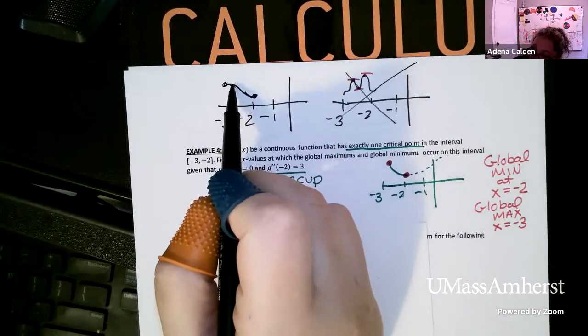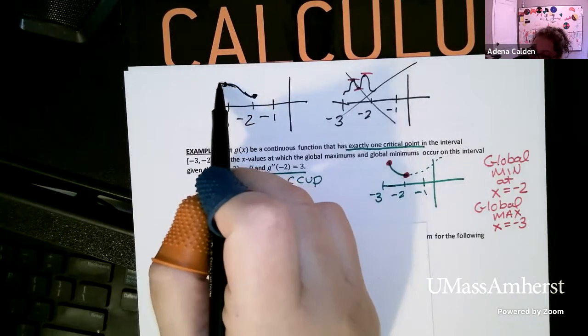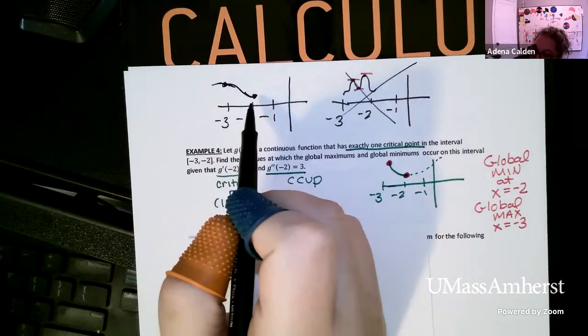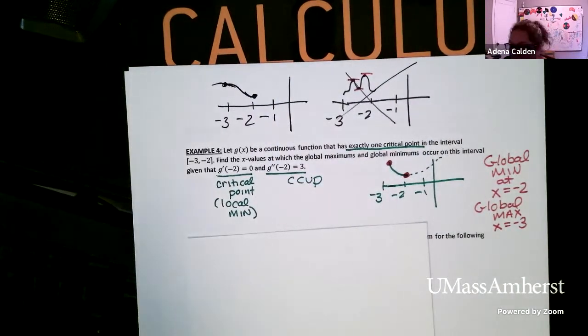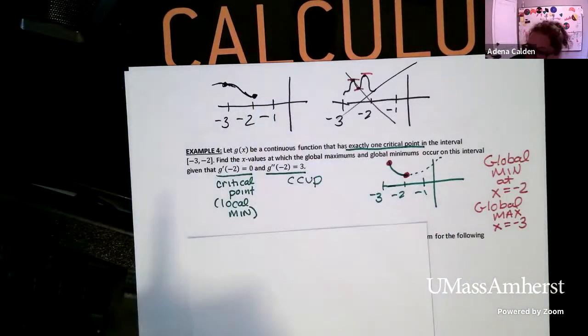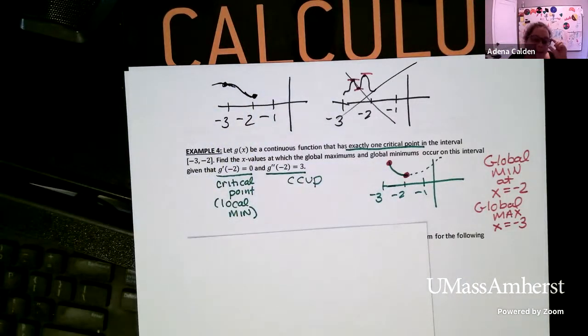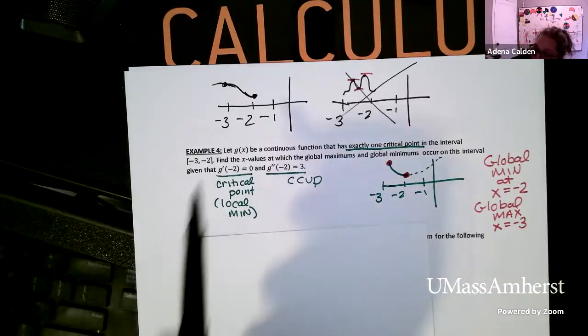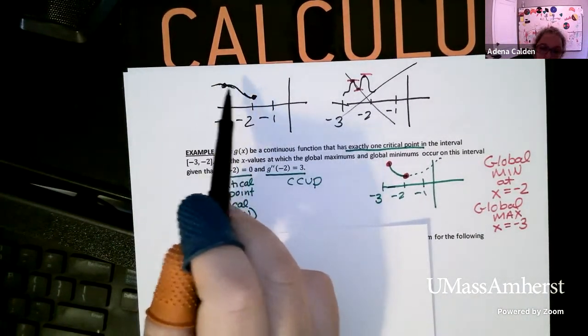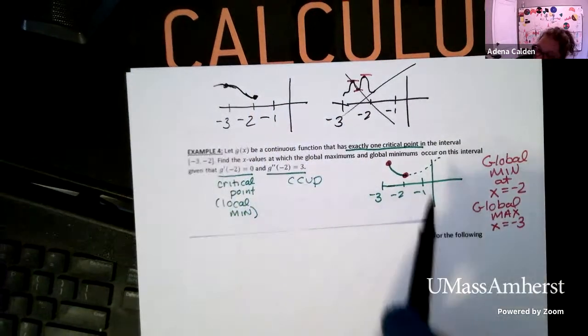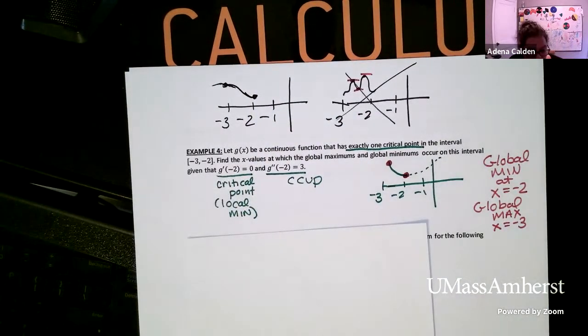So maybe this is a little more sharp. As we go up, we haven't quite reached the critical point yet. There's still only one critical point, but -2 is still where the global minimum happens, and -3 is still where the global maximum happens. So we could, in theory, have a function that does change concavity, right? But it doesn't change the solution.